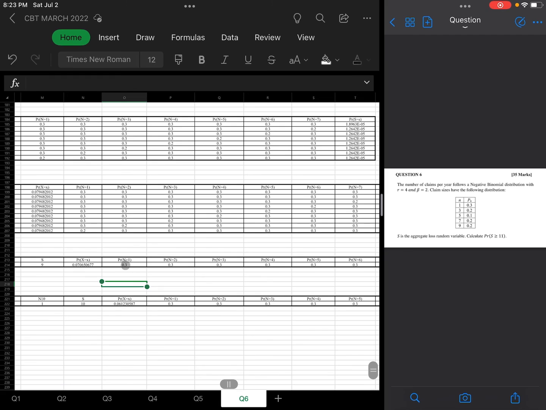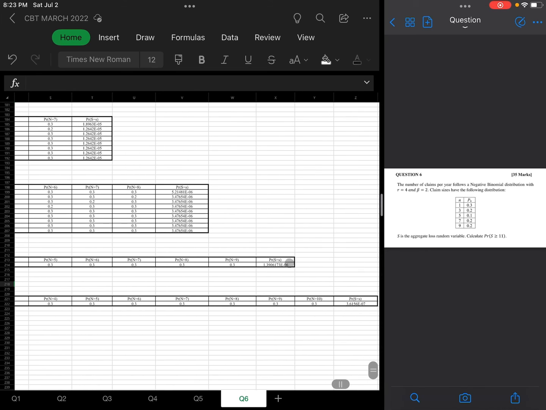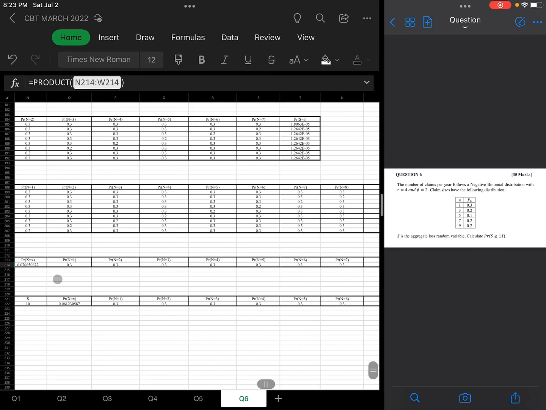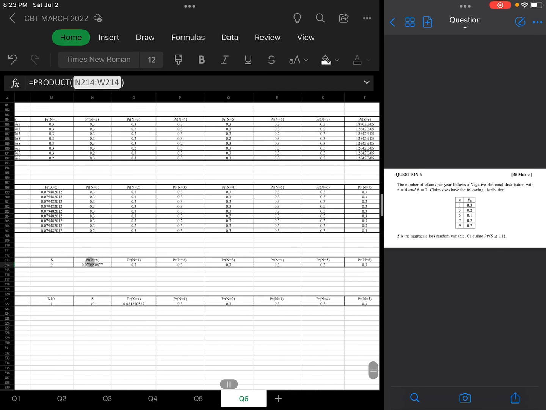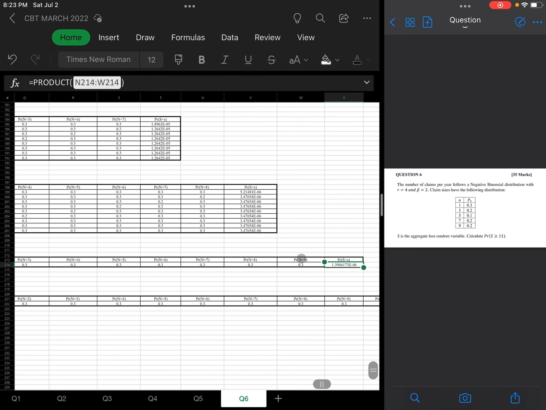Similarly, we substitute probability of n equals 1 in the cell here. So in this case, probability of S equals s is directly this because it's just one value, which is the product from N214 to W214, all of these values from probability of X equals x until probability of n equals 9.